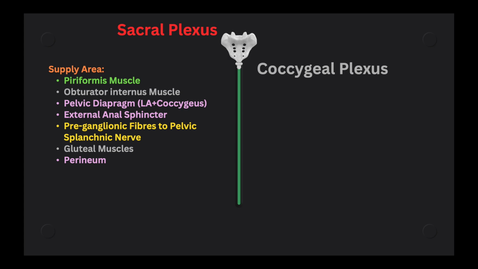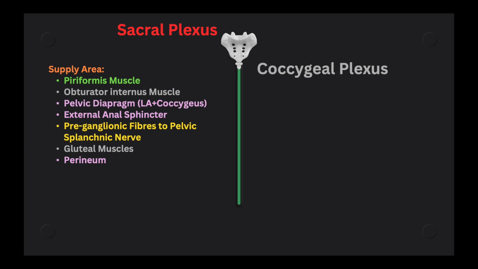Two muscles I want you to remember: it supplies obturator internus and gluteus muscle. And this thing in yellow might be a little tricky for you to understand here, but it will help you later when we talk about the autonomic nervous system: the sacral plexus also gives nerve fibers, or preganglionic fibers, to the parasympathetic nervous system, that is the pelvic splanchnic nerve. So I'll just repeat it.